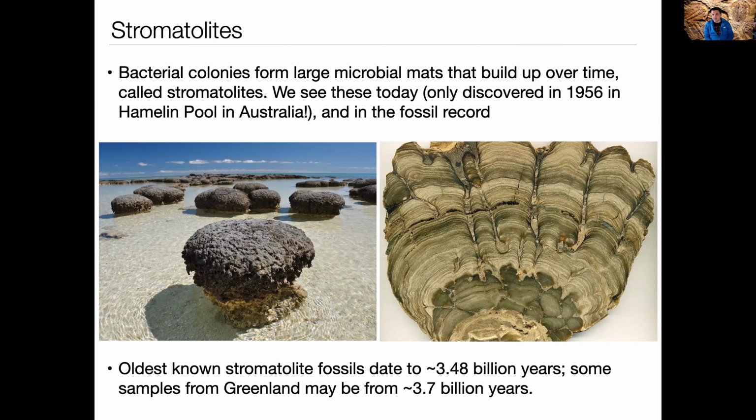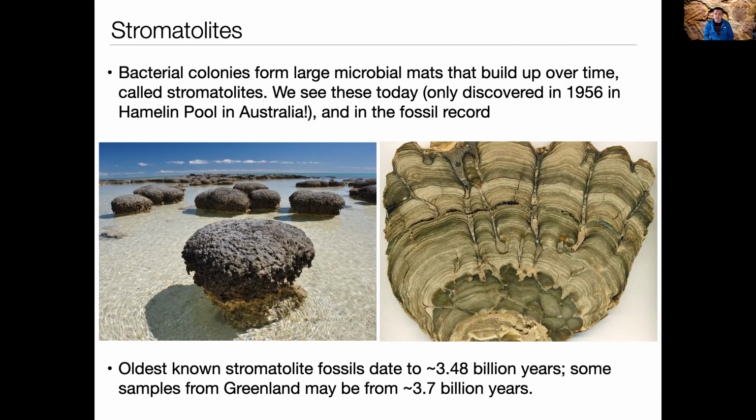Something I learned when I was writing this lecture, I've known about stromatolites for a long time, but I didn't realize we didn't know about them until 1956. So it was only in 1956 that the first stromatolites were discovered in Australia. So that's within the lifetime of my and your relatives, although not in my and your lifetime. Okay. On the right there, that is a fossilized stromatolite.